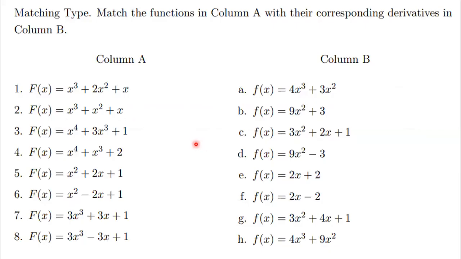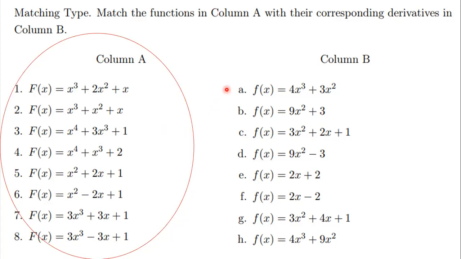Take note that in our first activity, the matching type, you were able to solve the derivatives from column A to column B. The functions here in column A are the antiderivatives of column B. That is the other way around.